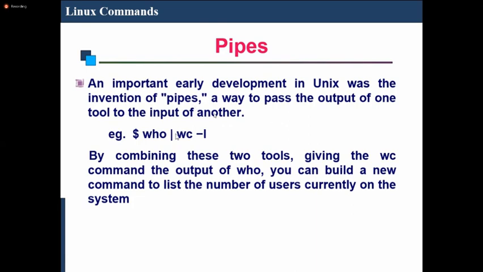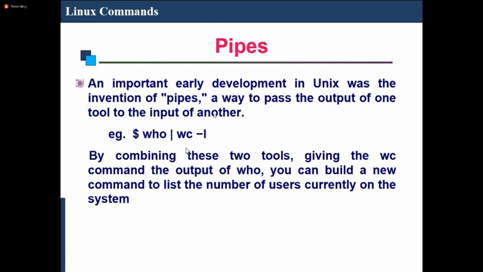This symbol here, this straight line, is called the pipe sign. This is used in Linux as a way to pass the output of one tool to the input of another. The output of one command can be an input to another command.